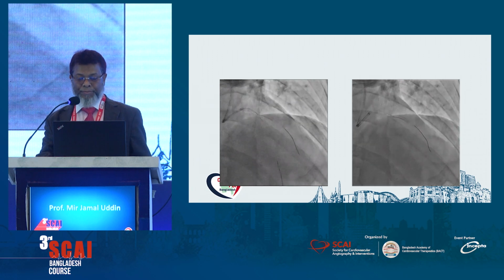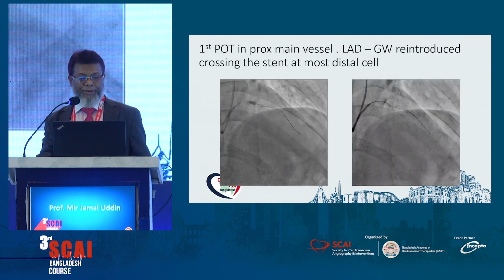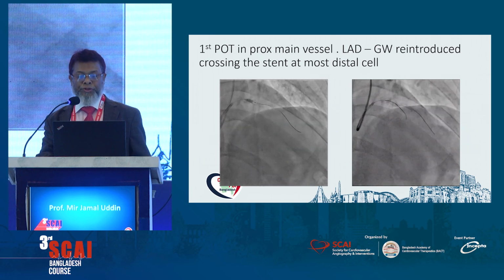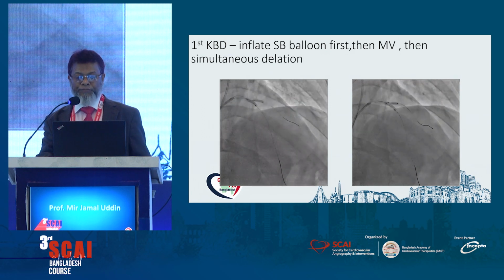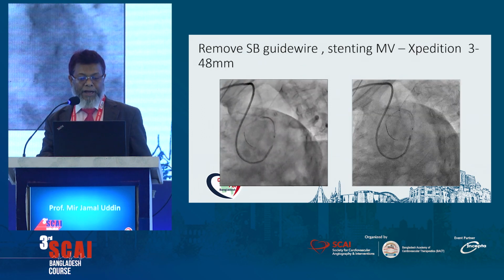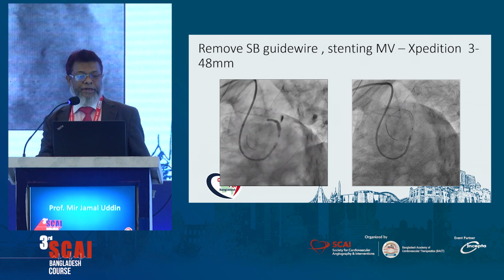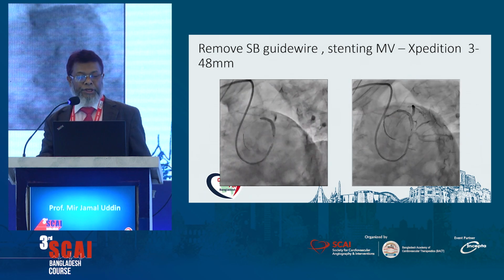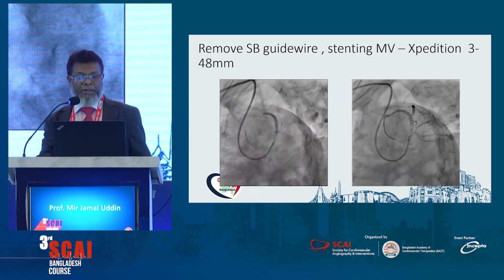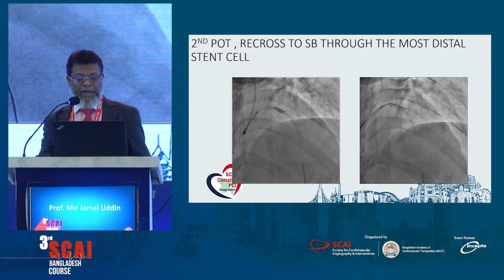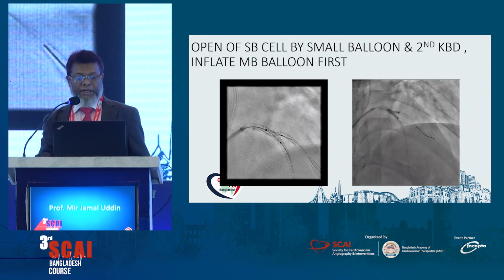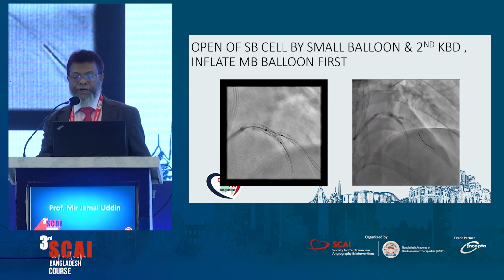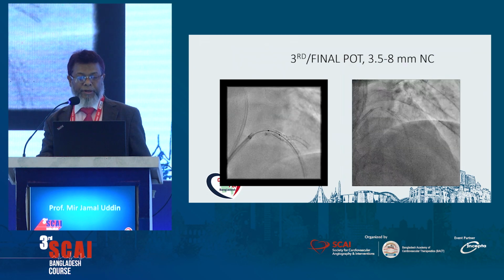Here we have implanted the stent in the side branch, and then first POT to the proximal main branch, and then the guide was recrossed, and the first kissing balloon inflation was done, and then the second stent LM to LAD, 3 into 48 millimeter, was deployed, and then POT was done, and then recross, and once again stepwise kissing, and the final kissing on the right panel.